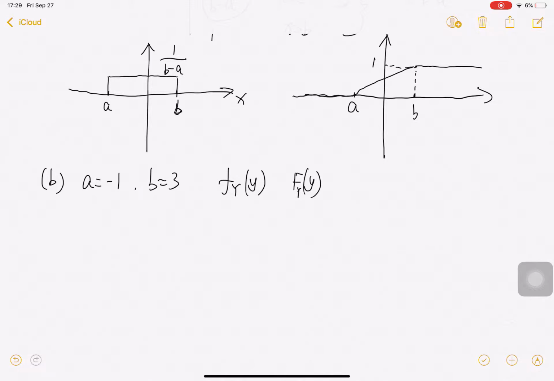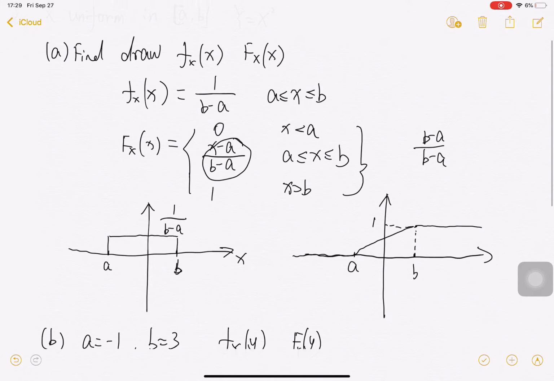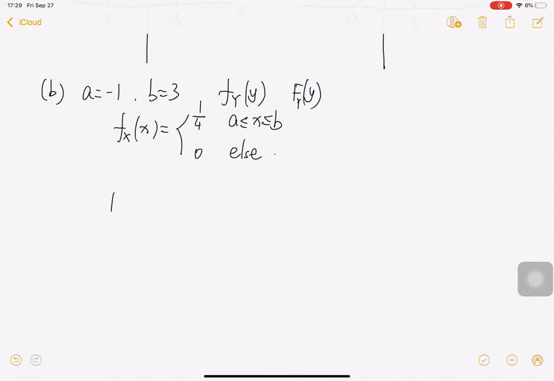Since A is -1 and B is 3, we can write the mass function and density function of x as below: the mass function is 1 over 4 from A to B and 0 else, and the density function is 0 for x smaller than A, x plus 1 over 4 from A to B, and 1 for x larger than B.